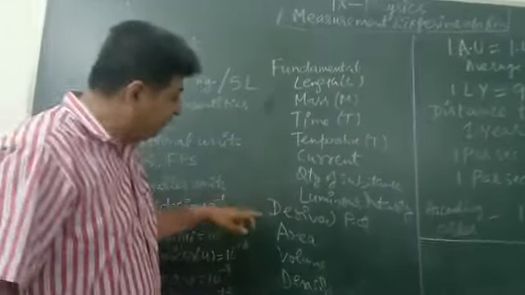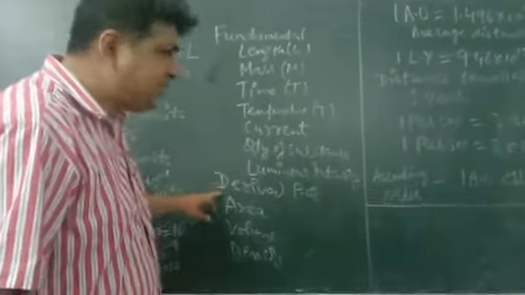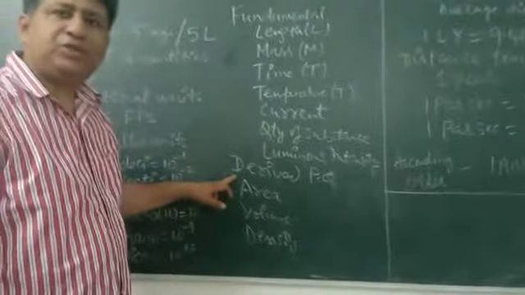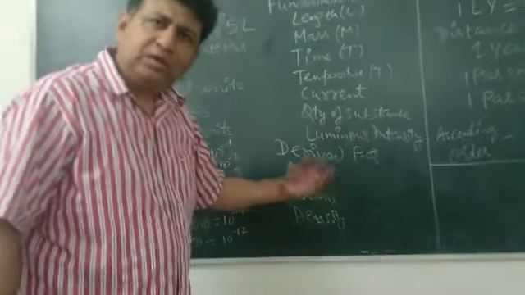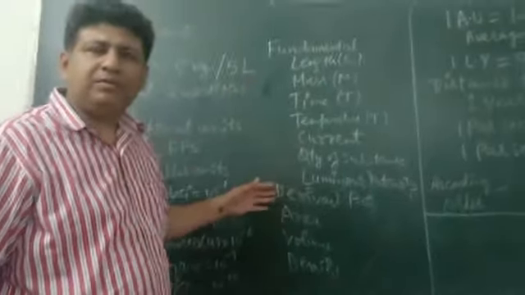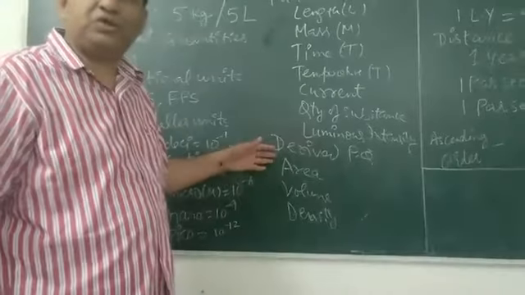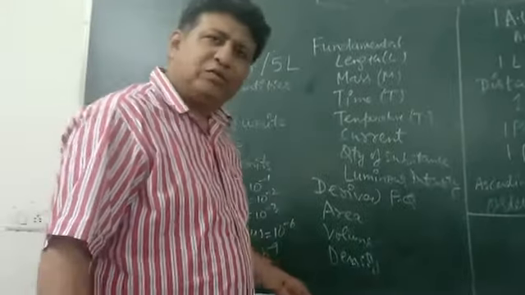As far as derived physical quantities are concerned, these are those physical quantities which depend upon other physical quantities. Other physical quantities may be fundamental quantities or maybe derived physical quantities for their calculation.